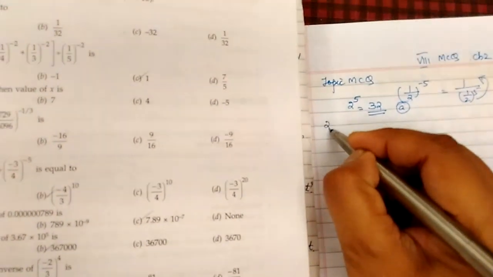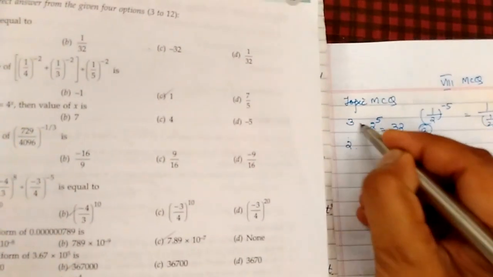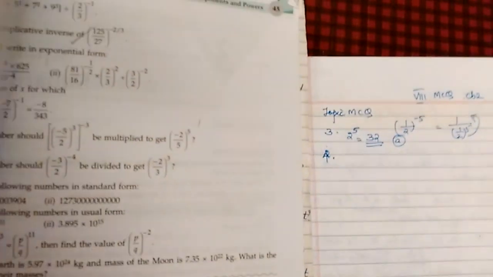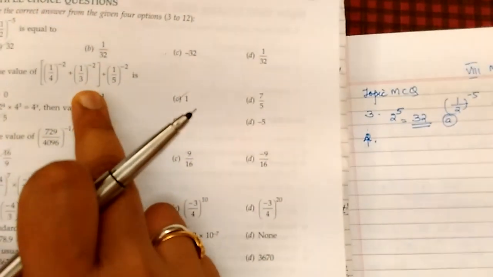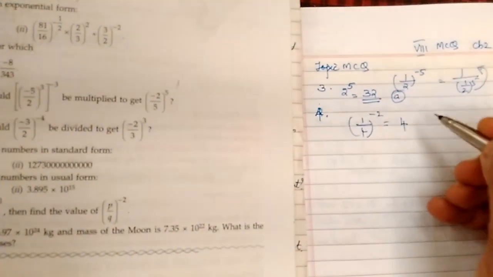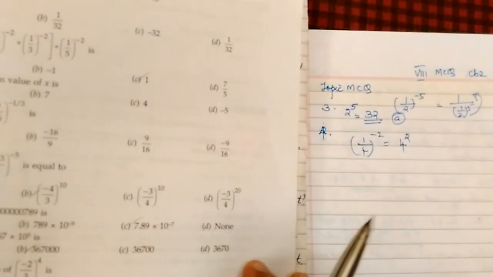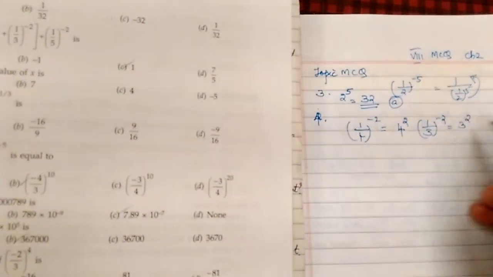Now the second question is, this is question number 3. Now question number 4. Question number 4 is 1 by 4 to the power minus 2 plus 1 by 3 to the power minus 2. So 1 by 4 to the power minus 2 is 4 to the power 2. Same way here, 1 by 3 to the power minus 2 is 3 to the power 2.